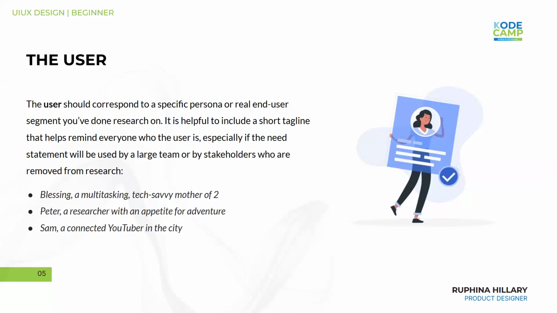So the reason why they said this, if you're using a persona as your user, you don't just say Blessing needs. You might know who Blessing is because you created a persona and you worked with the persona. But your stakeholder, the CEO or the person you are reporting to might not know who Blessing is. So along with adding Blessing, you should include a tagline on the role of the person.